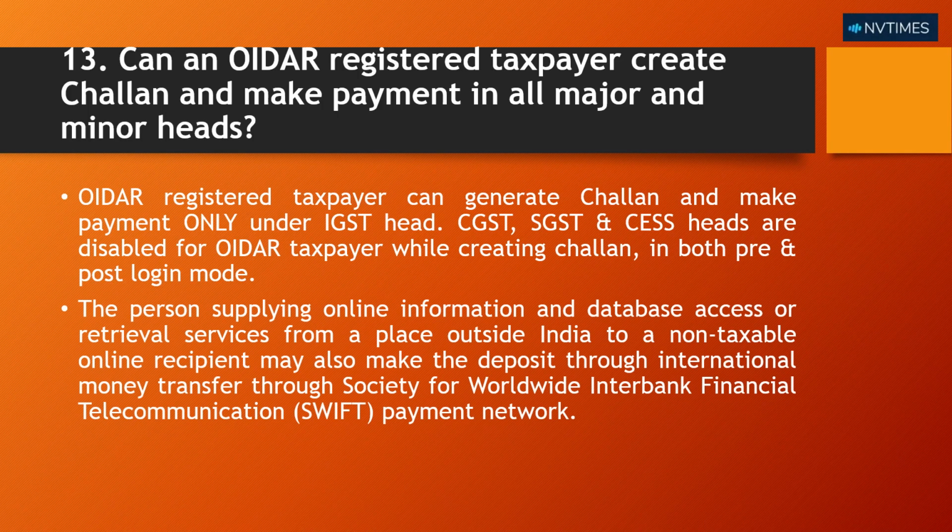The person supplying online information and database access or retrieval services from a place outside India to a non-taxable online recipient may also make the deposit through international money transfer through the Society for Worldwide Interbank Financial Telecommunication, or SWIFT, payment network.